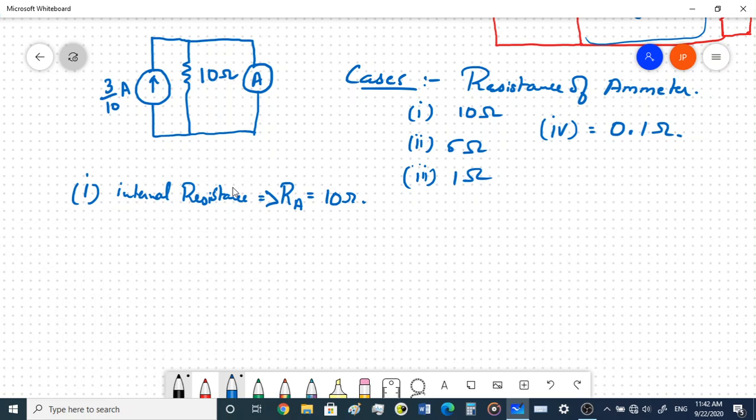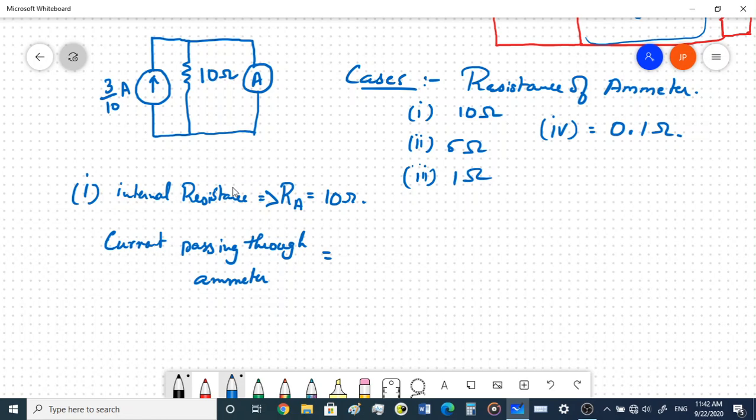Now if the internal resistance of the ammeter is 10 ohms, what would be the current passing through the ammeter? The current passing through the ammeter would be equal to the total current.